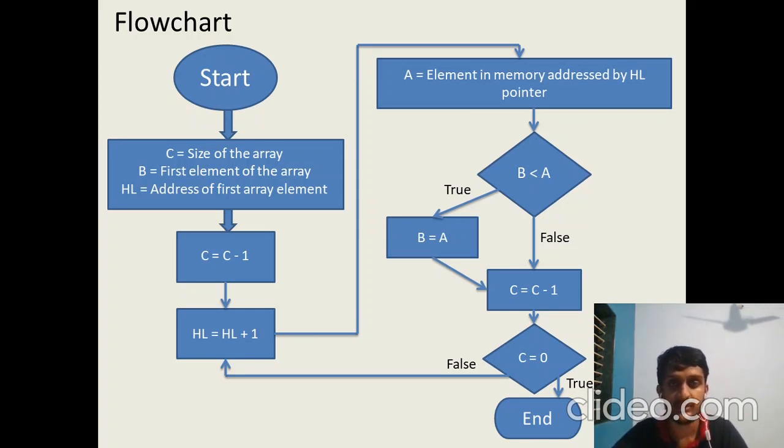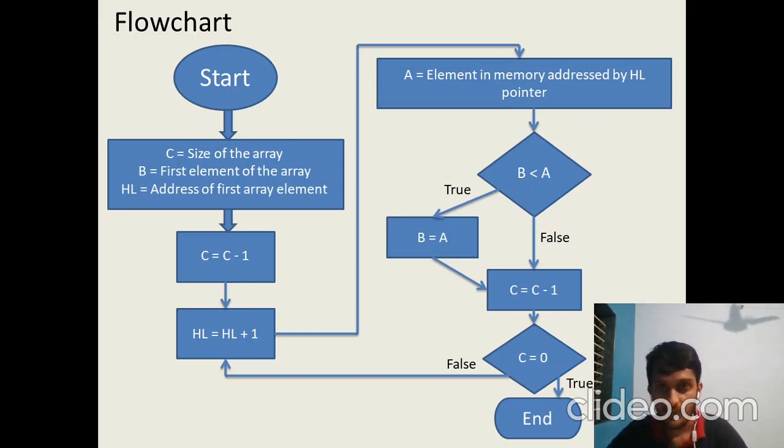Then we will iterate through all the elements comparing the value with the register, and if we come across an element in the array which is greater than the one stored in the register, then we will change the value in the register to the maximum value of the both elements.